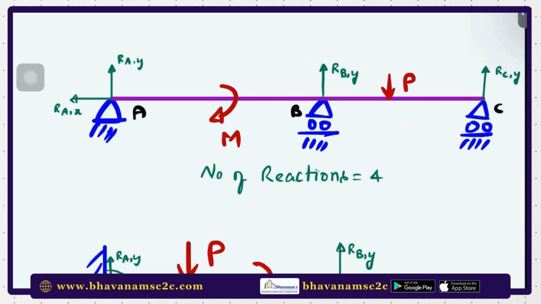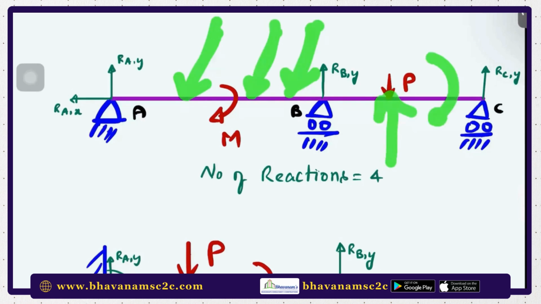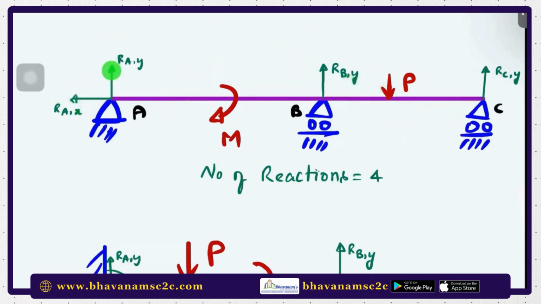And guys, if you are worried about the direction of reactions, don't worry about it. For a given direction of loads, if the load is acting from top to bottom and bottom to top, on a moment and uniformly distributed load, it is very difficult initially to fix the direction of the reactions. So initially you can assume any direction. You can assume that this direction is downwards and this direction is like this.